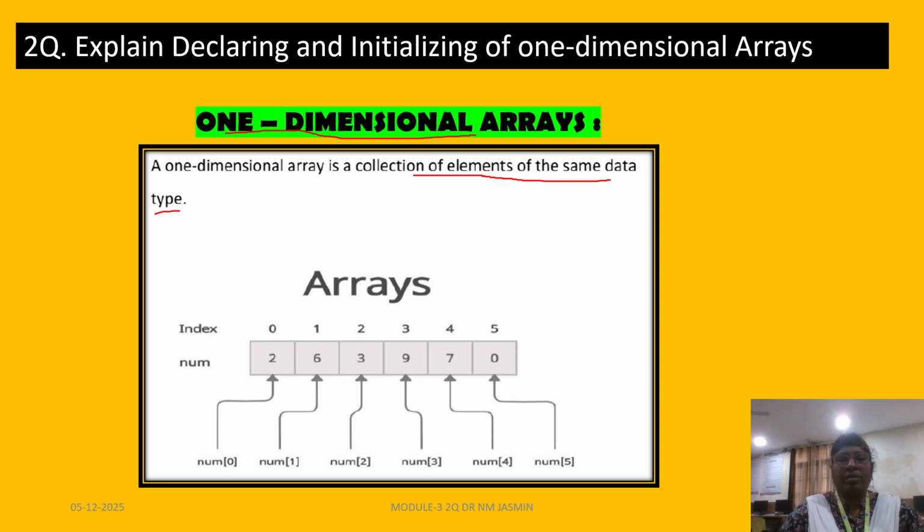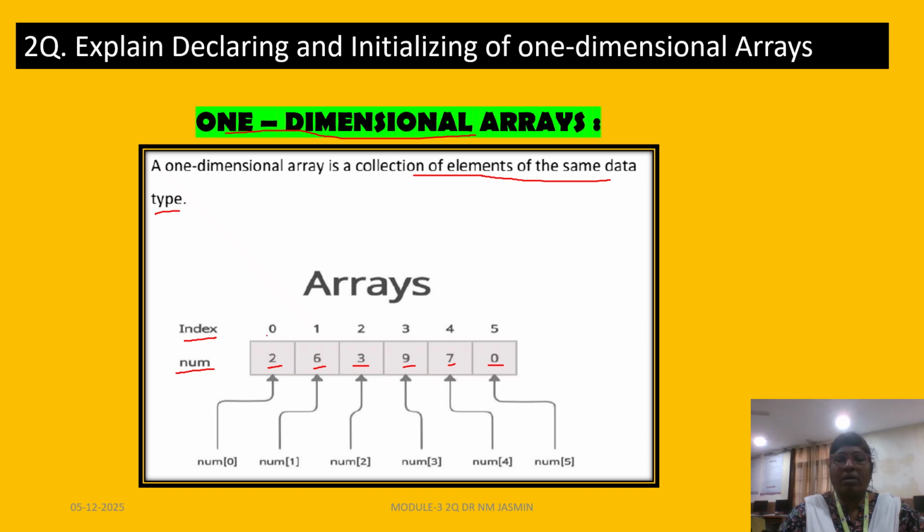Okay, so if you see this figure, here we have taken the array name as number, which is a short form of num. The elements that we have taken are 2, 6, 3, 9, 7 and 0. These are all the elements. To represent the location of these elements, we are using an index number.